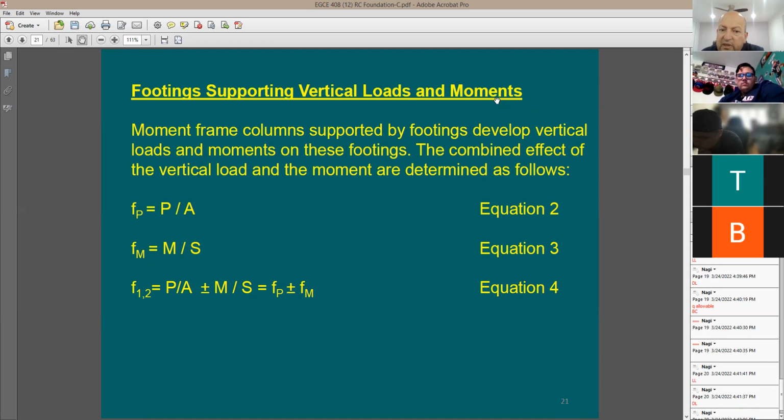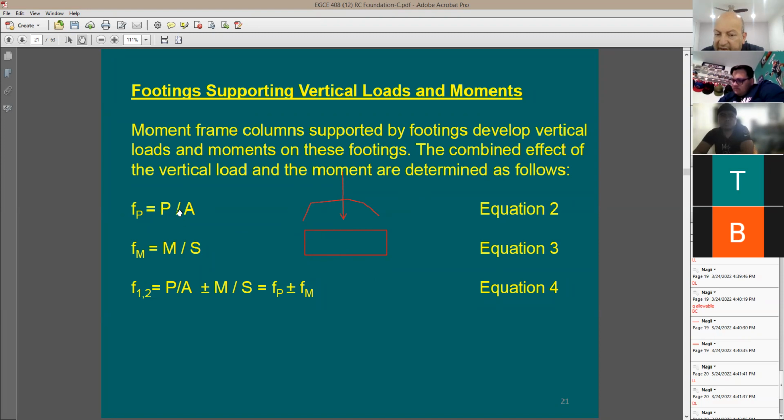If you have a footing here exposed to vertical load and also to a moment, it's going to be like this. I can solve for the stress below the footing once for the vertical force P and once for M, the moment.